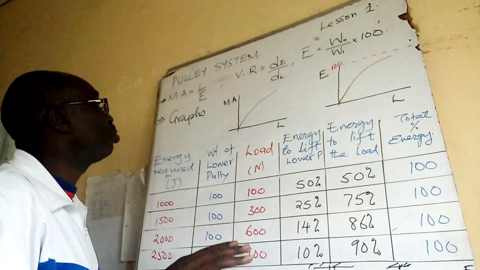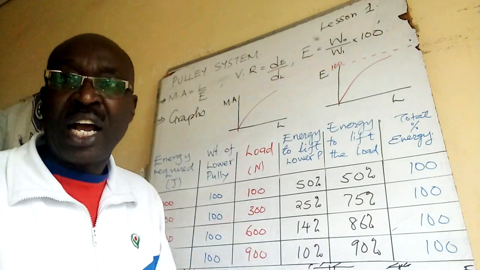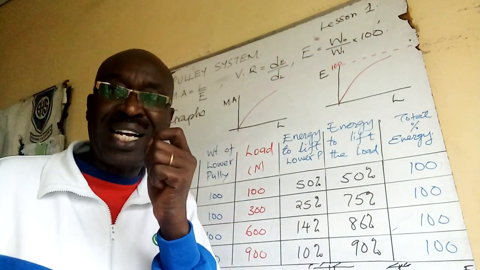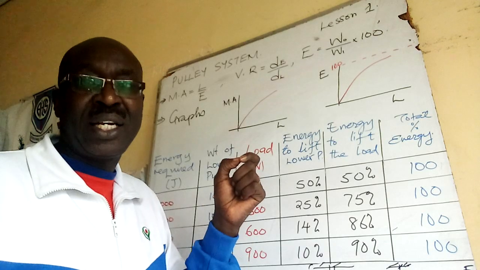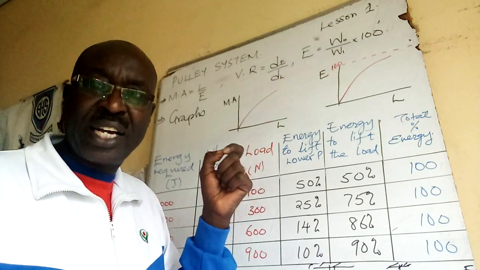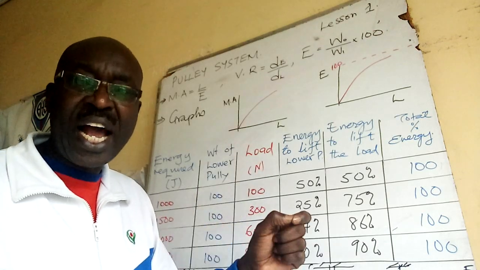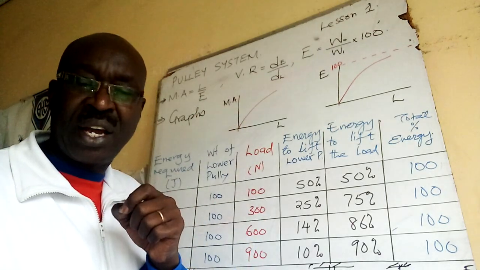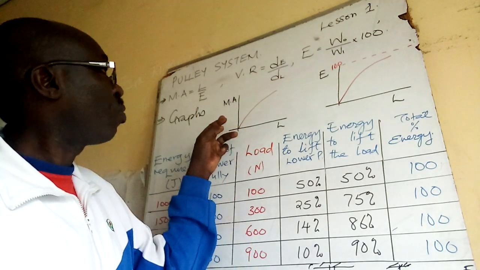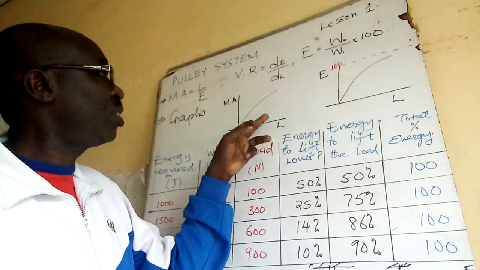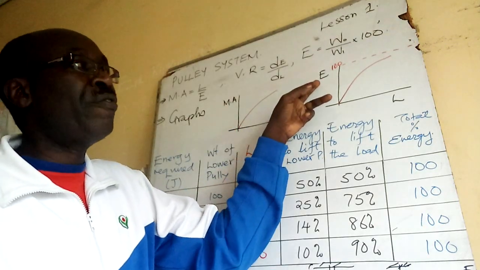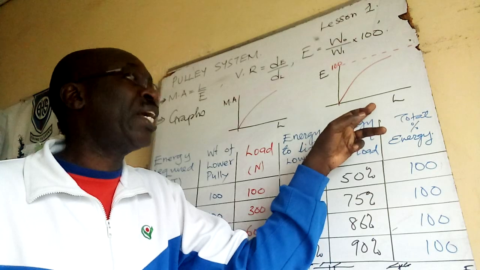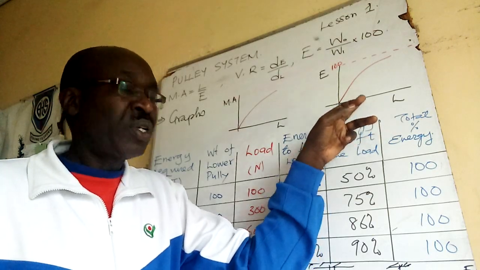Many students have failed to grasp the technique, the explanation behind the two graphs in the simple machine: one, mechanical advantage against load, and also efficiency against load.